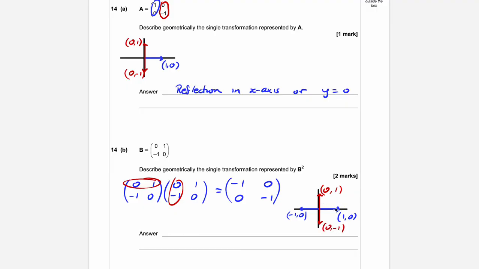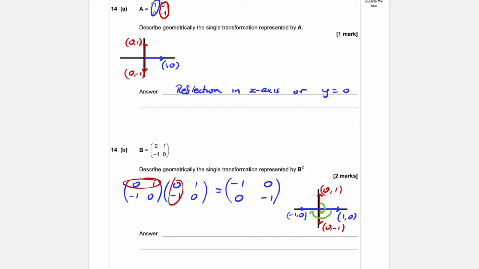Now what has happened? If he's gone here and he's gone here, it can't be a reflection, because if you reflect in the y-axis, he doesn't move, and if you reflect in the x-axis, he doesn't move. So it's not a reflection, so it has to be a rotation. The whole thing is rotated 180 degrees, because this guy has gone to there, 180 degrees, and he's gone to here, 180 degrees.